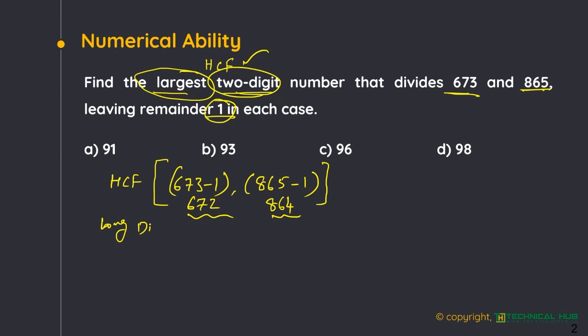Divide 864 by 672 successively until you get the remainder as 0. Here it is one time 672. And then what is the remainder left over? 192. And next, again divide the previous divisor with this remainder.